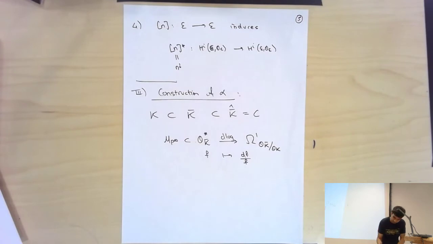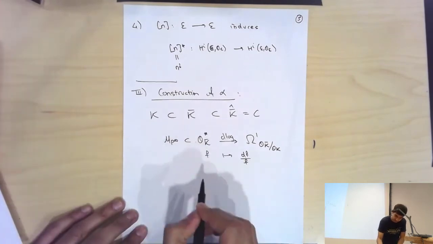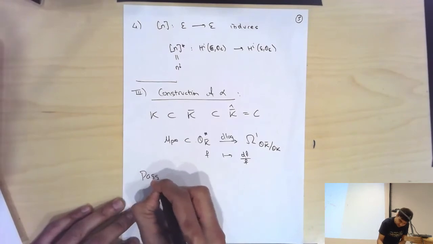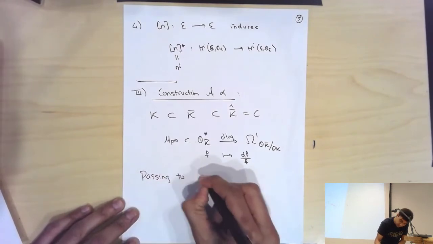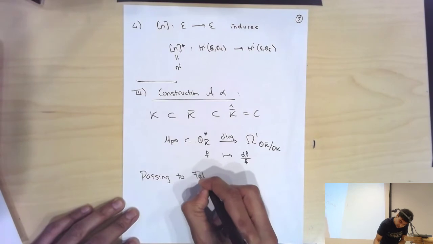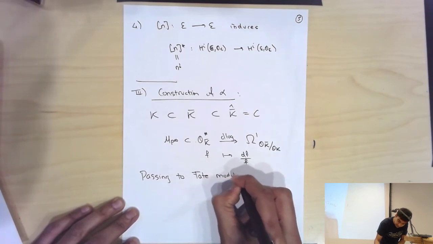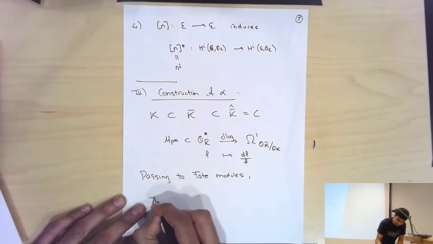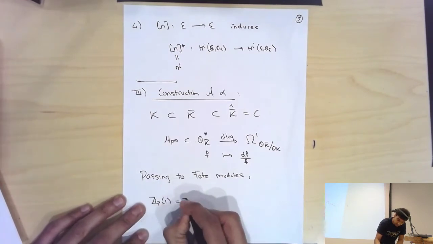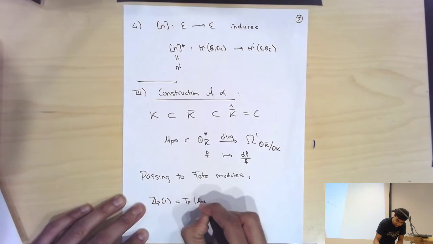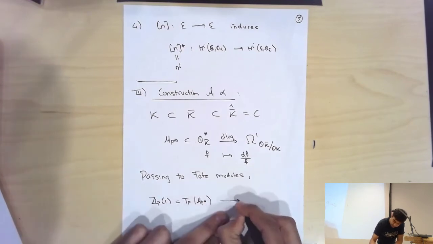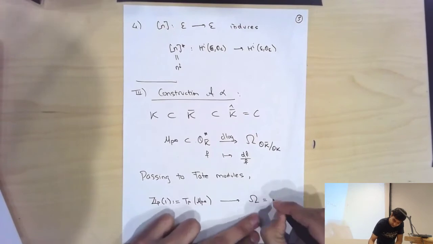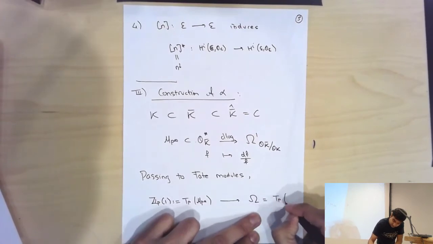And the precise relation we need will be obtained by taking sort of Tate modules on both sides. So passing to Tate modules. So I can apply the functor T_p of taking the Tate module, and then what you get is a map from Z_p(1), which is the Tate module of mu p infinity, into something I will call omega in the rest of the talk, and that's the Tate module of the right-hand side.